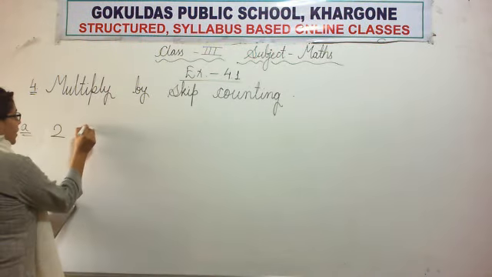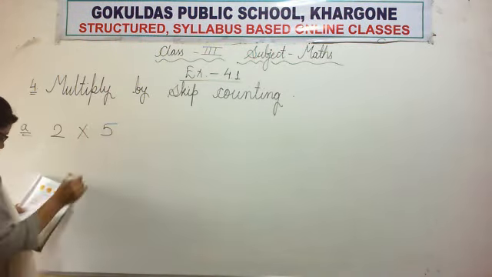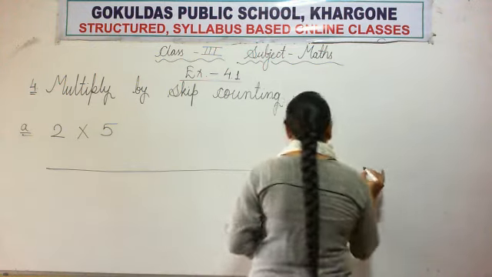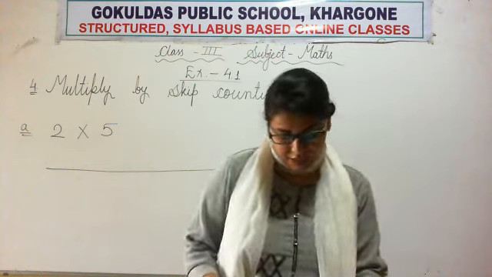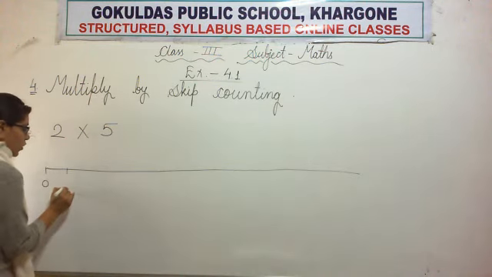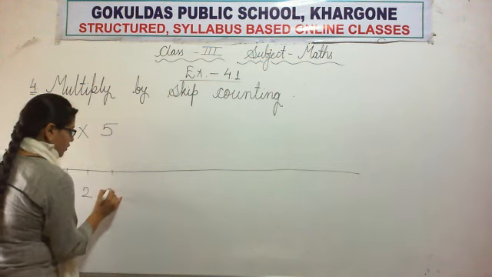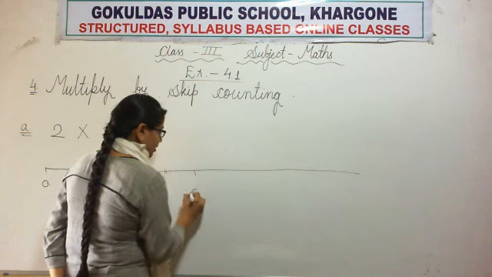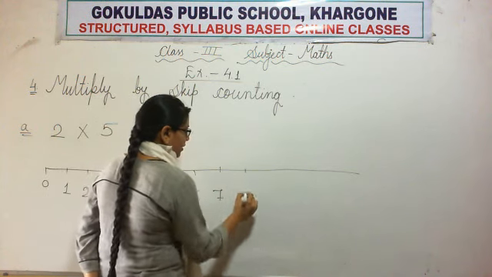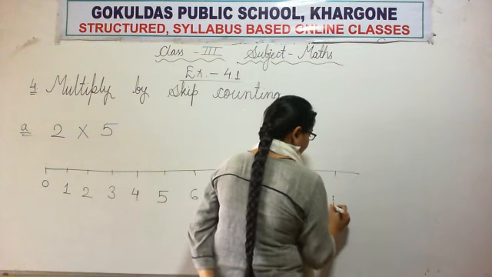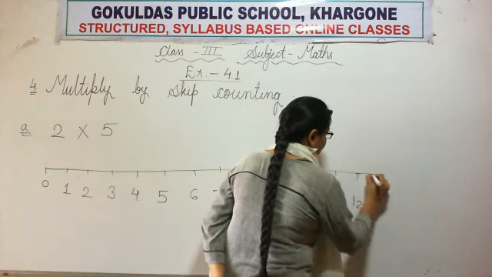So 2 into 5. So let us draw a number line first. 0, 1, 2, 3, 4, 5, 6, 7, 8, 9, 10, 11 and 12.